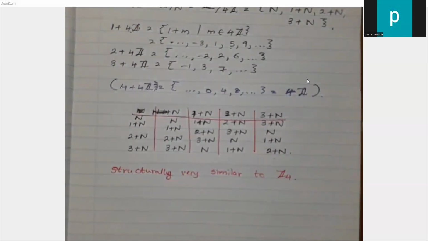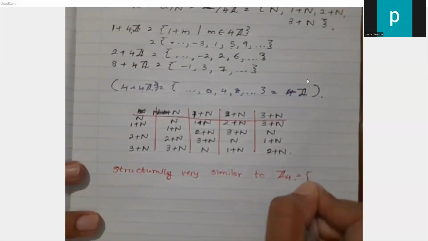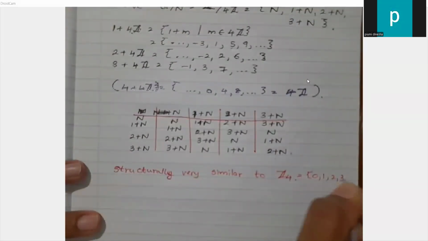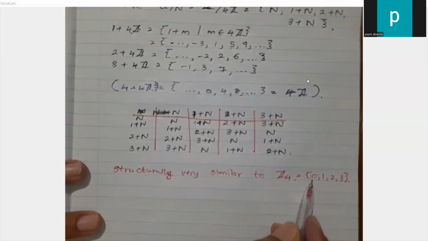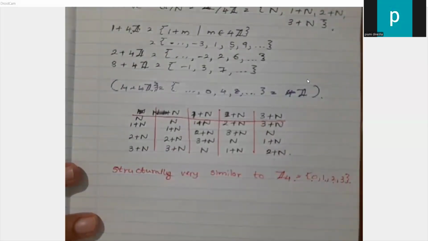In other words, Z over 4Z, the quotient group, is isomorphic to Z4. Z4 given by 0, 1, 2, 3. Over here, this n would correspond to 0, which is the identity. 1 plus n would correspond to 1. 2 plus n would correspond to 2. 3 plus n would correspond to 3.